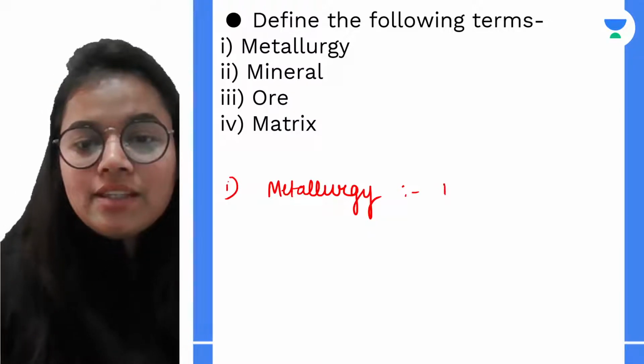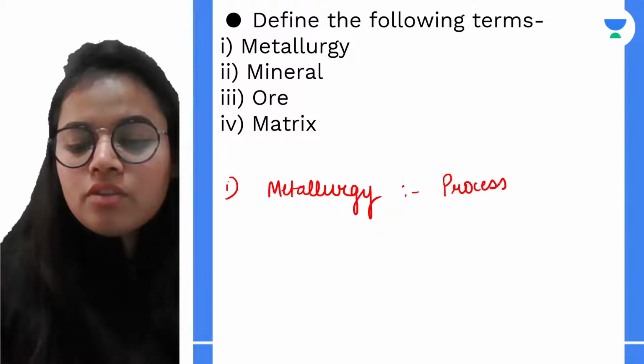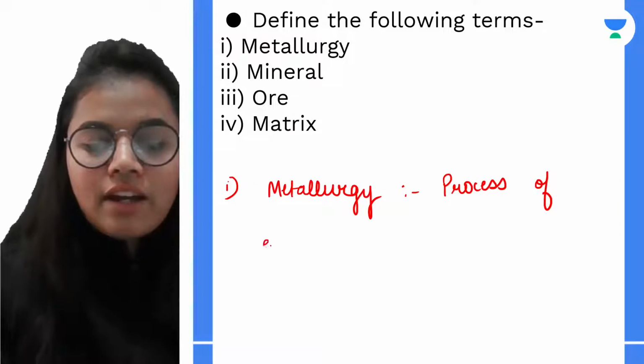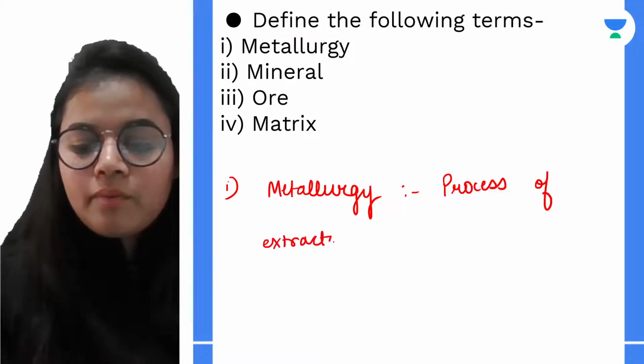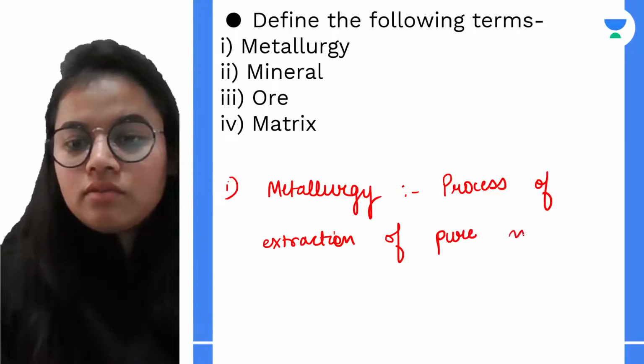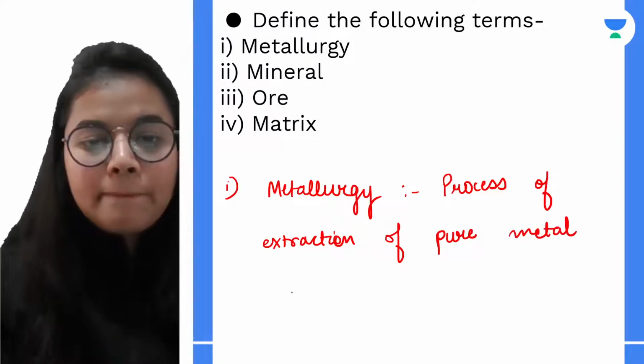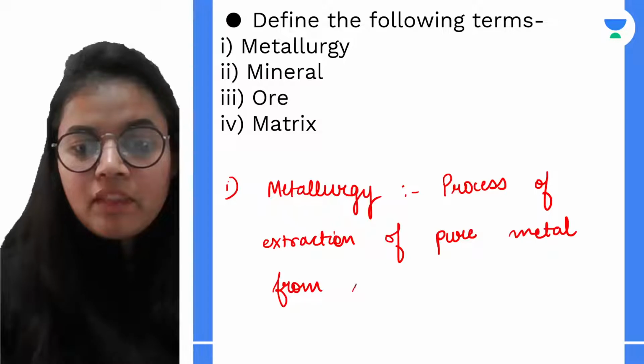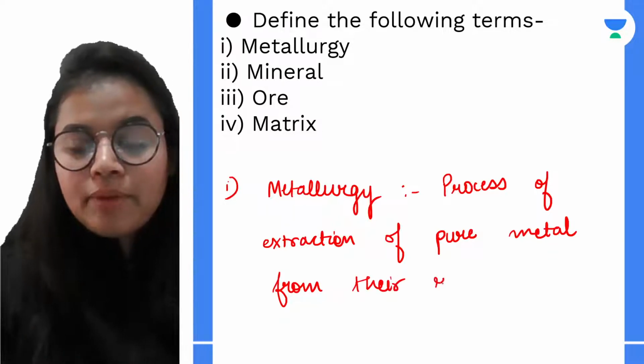Basically, metallurgy is the process of extraction of pure metal from their respective ores.